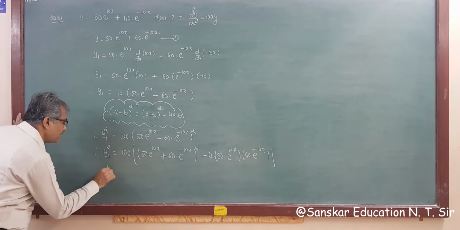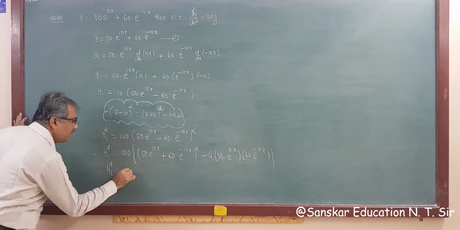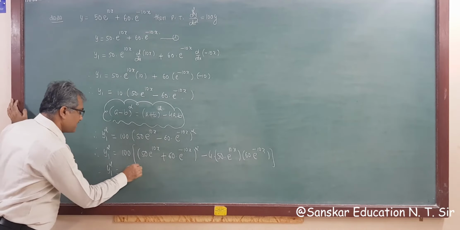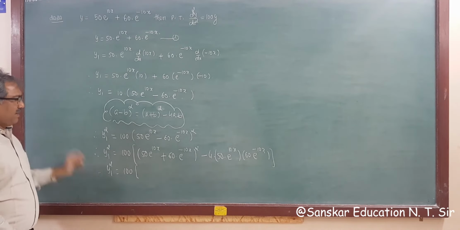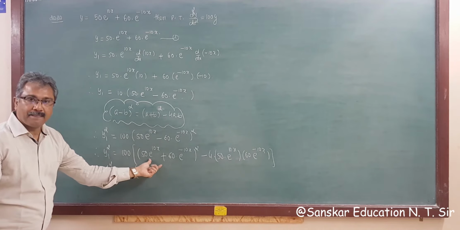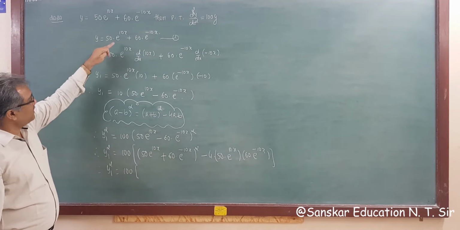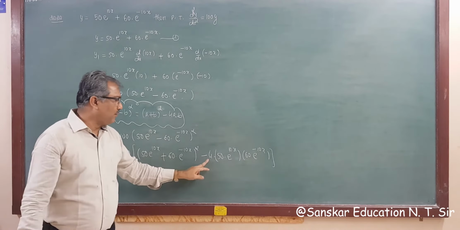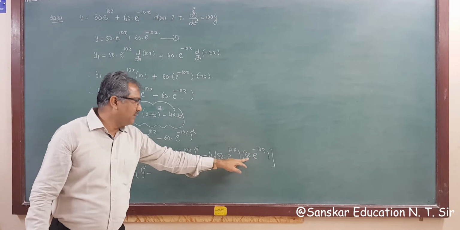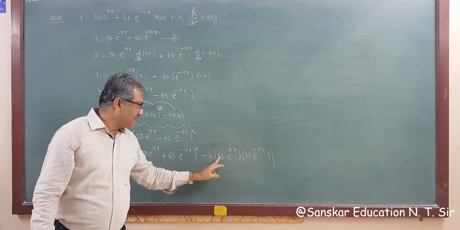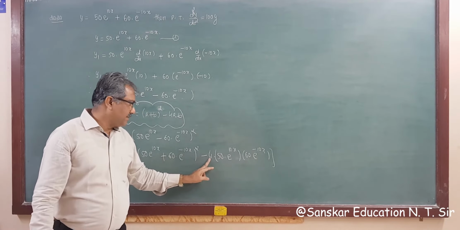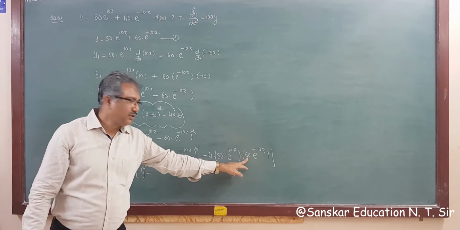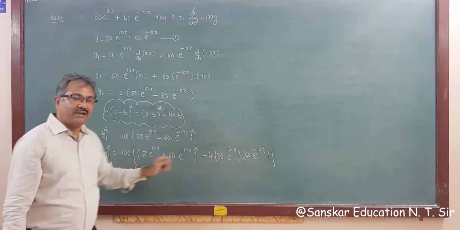So this is only y1 square is equal to 100 times, we have to find out d square y by dx square. So this is 100 times, now this is y, from result number 1. So this is y square minus 4 into 50 into 60, how much? 4 into 5 is 20, and 20 into 6 is 120.